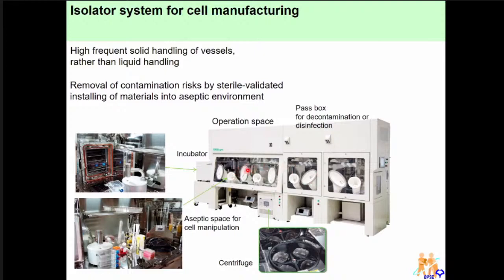To start the culture, we can keep the cells in the incubator. For the passage, we have a centrifuge. Inside the isolator system, in the operation area, we put equipment that looks like this one. Using this, we have very high robustness of the aseptic environment. This technique is already used in pharmaceutical production.